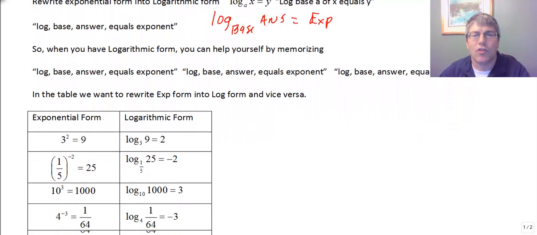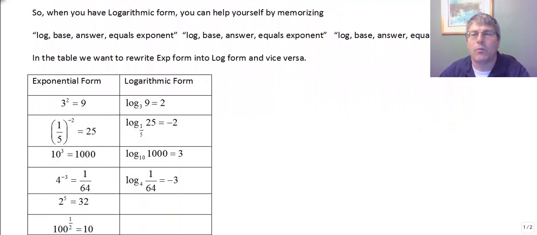Okay, so we'll need to be able to write things from exponential form into logarithmic form, or go from logarithmic form into exponential form. So here you see examples. 3 to the second power equals 9. My base raised to a power equals my answer.